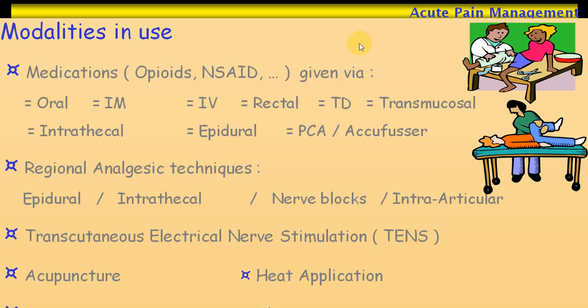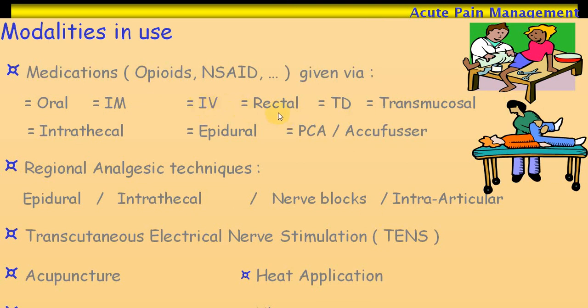non-pharmacological therapies are useful. For acute pain management, we have a lot of medications like opioids, non-steroidal anti-inflammatory drugs, steroids, etc. And they can be available in the form of oral or parenteral preparations like intramuscular or IV preparations.